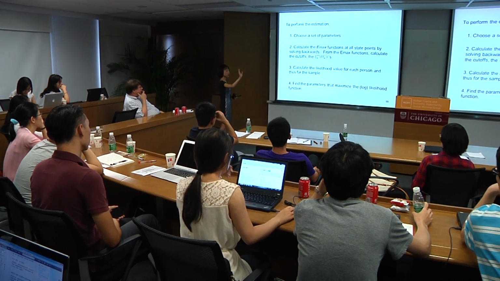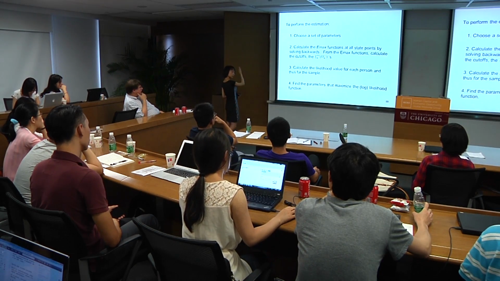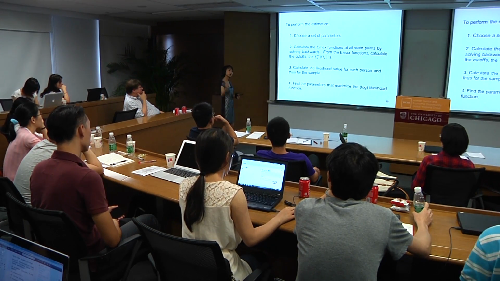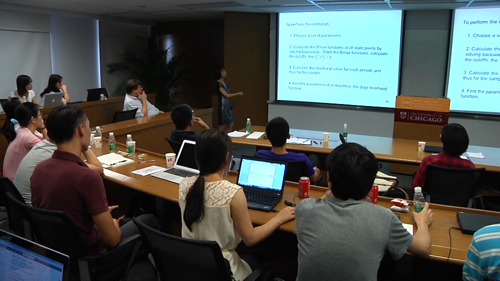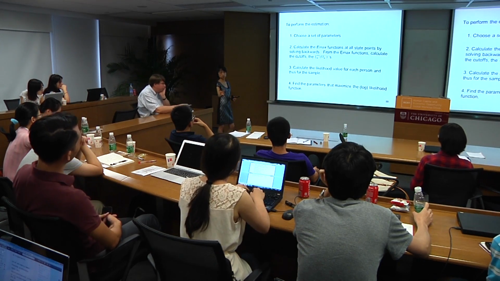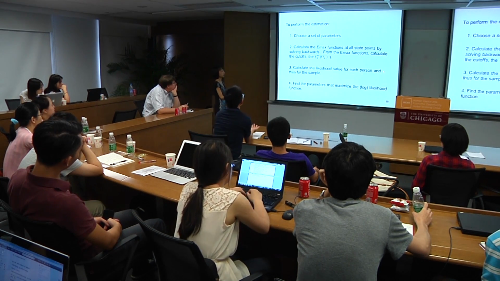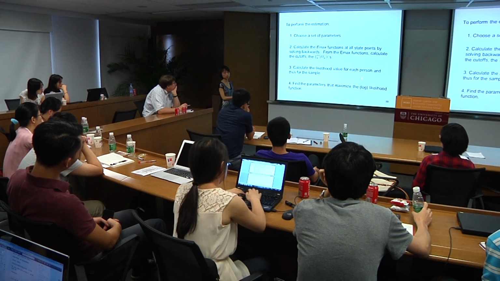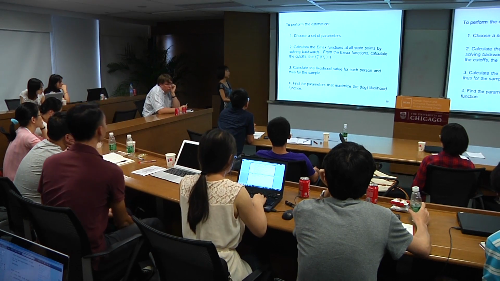That is, given alpha is 2, beta is 3, let's solve the model backwards. When you solve the model backwards, you will have the cutoffs for each state space point. Once you have that, then you can calculate the likelihood value for each person at that given parameter, and also for the whole sample.